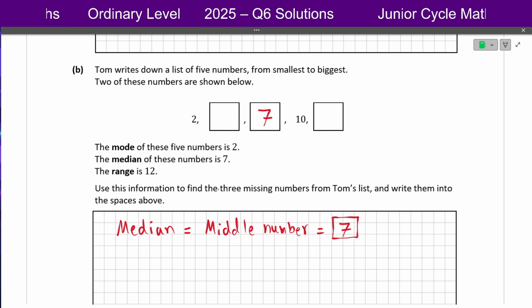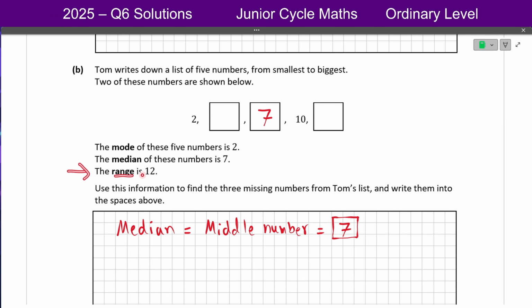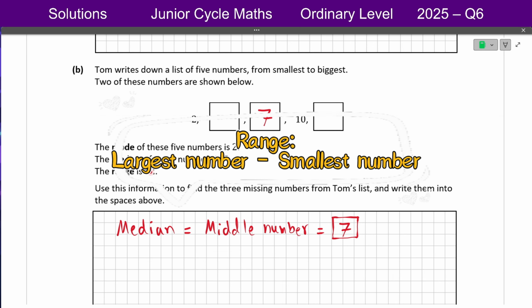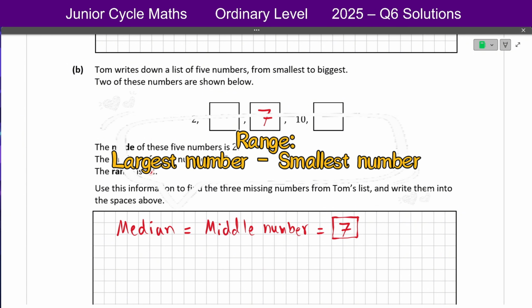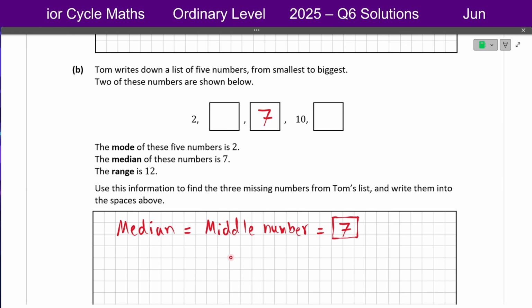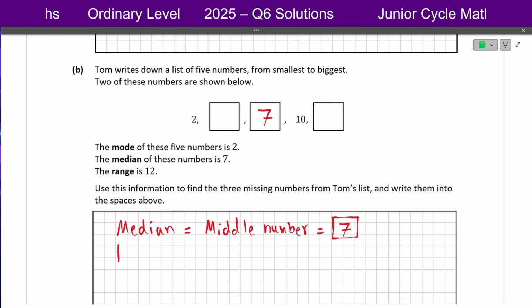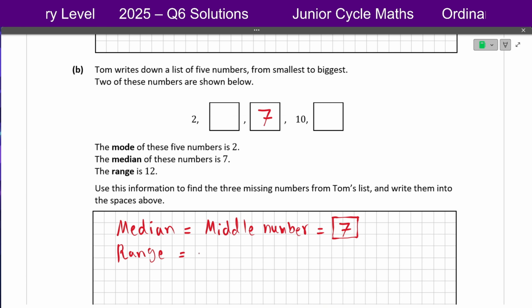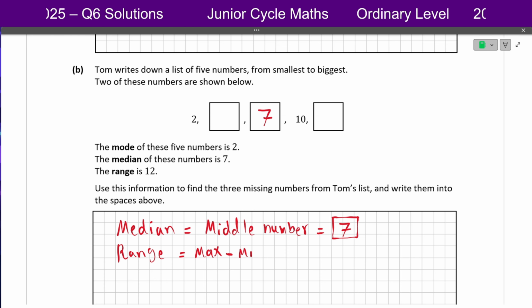Now let's have a look at the range. We know that the range is 12, and the range of a list represents the difference between the maximum value and the minimum value. So we write: range equals maximum value minus minimum value.